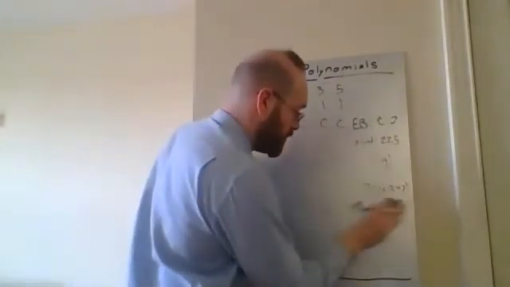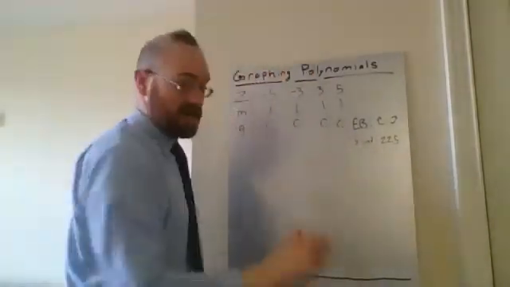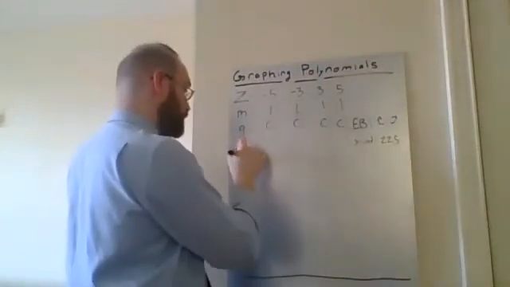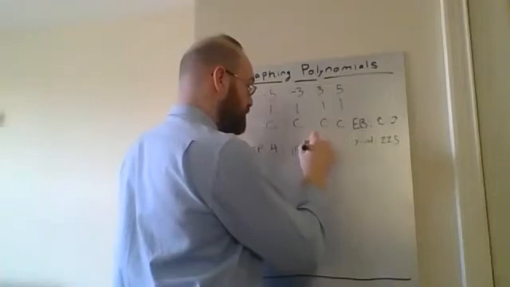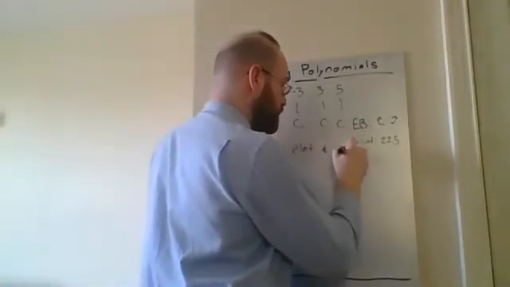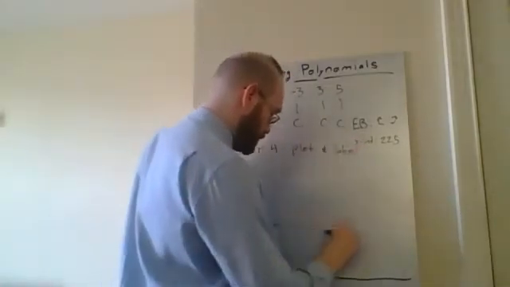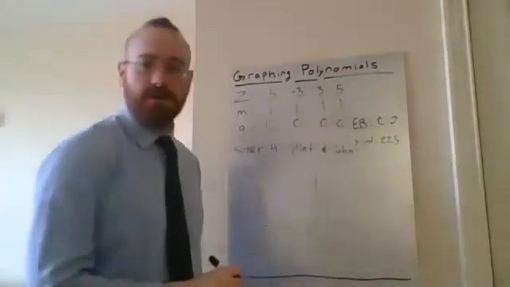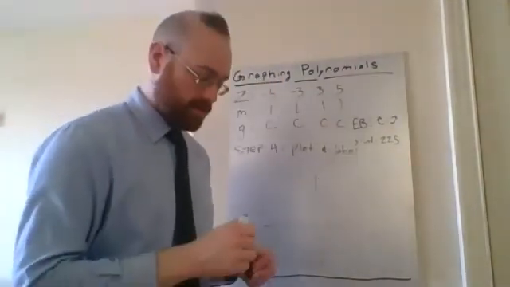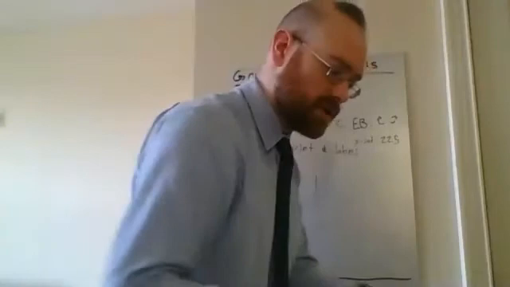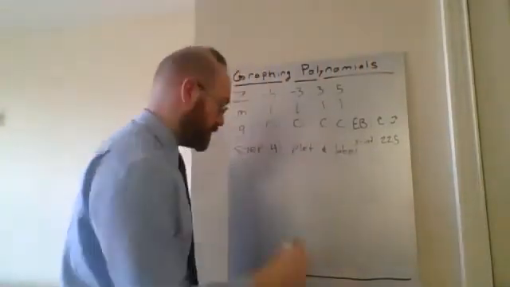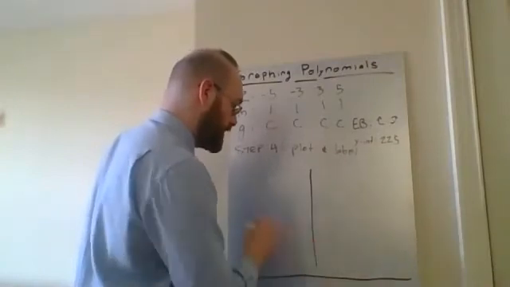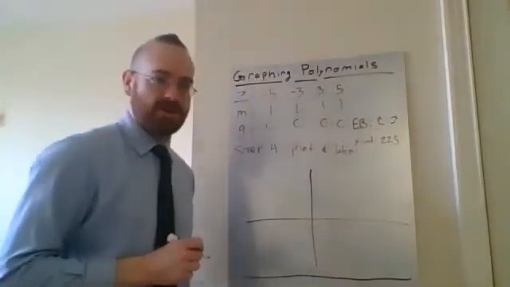So we have now finished step 3, which brings us to step 4, plot and label. Oh, this was not good. Let's see if a different marker will be more visible. Yes, here we go.